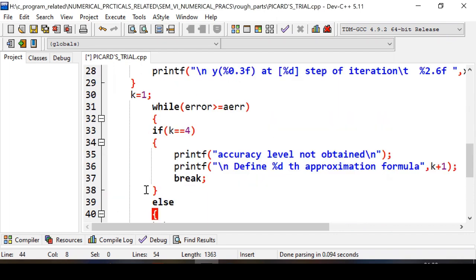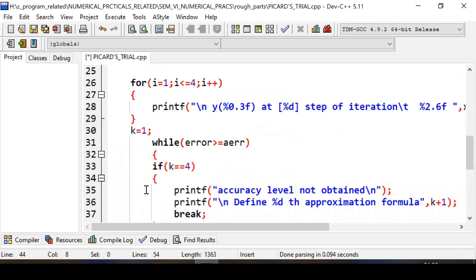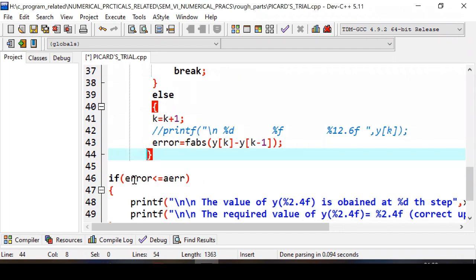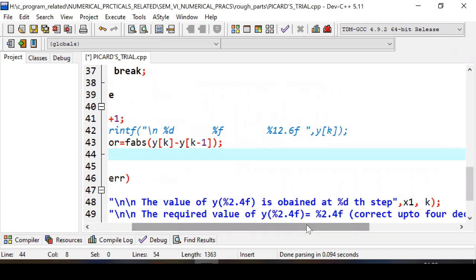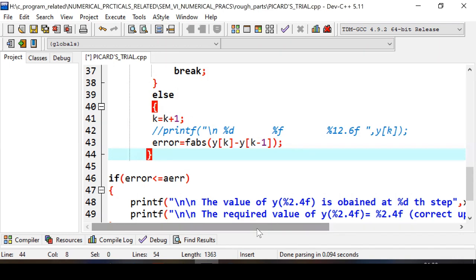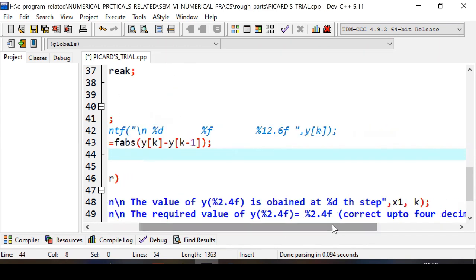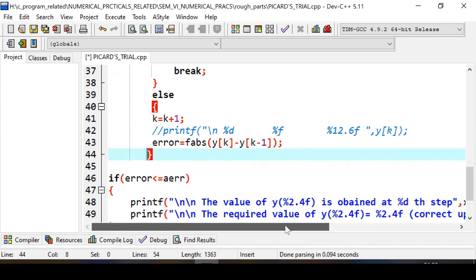Now, if error is less than allowed error, what will happen? You have already obtained the accuracy level, so you should give the output. This is what is done here. The value of y at the point x1 is obtained, and at which step you are obtaining it is given here.